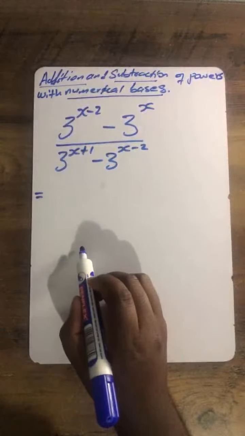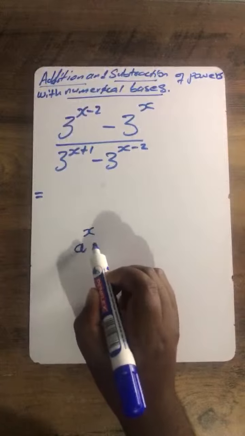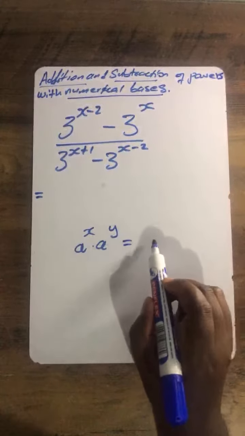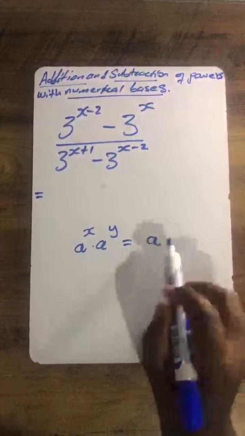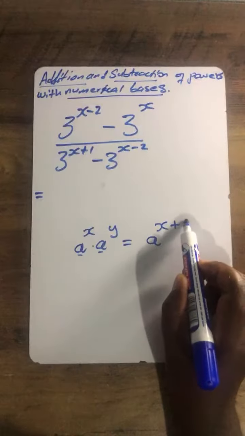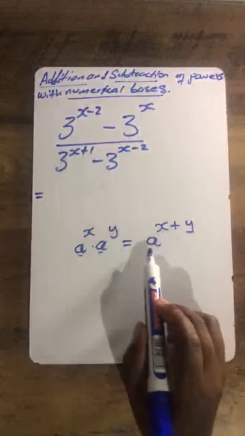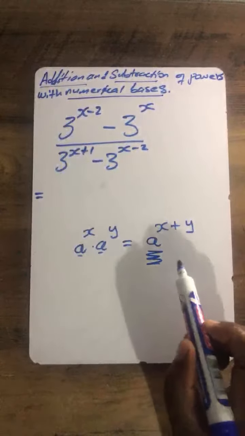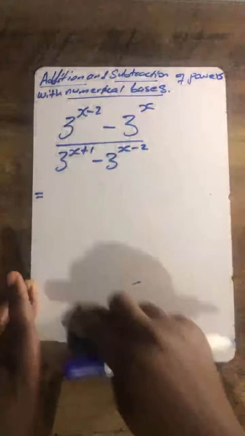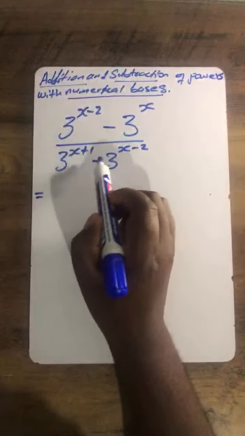We know that if we have a to the exponent x multiplying a to the exponent y, this is the same as expressing the base as the same because the bases are the same, then you add the exponents. But in that situation, you are given that in this format, you now need to reverse it to that. That's what we are actually doing. So how do you know if you need to reverse? That's if you have a sign of a minus or a plus.